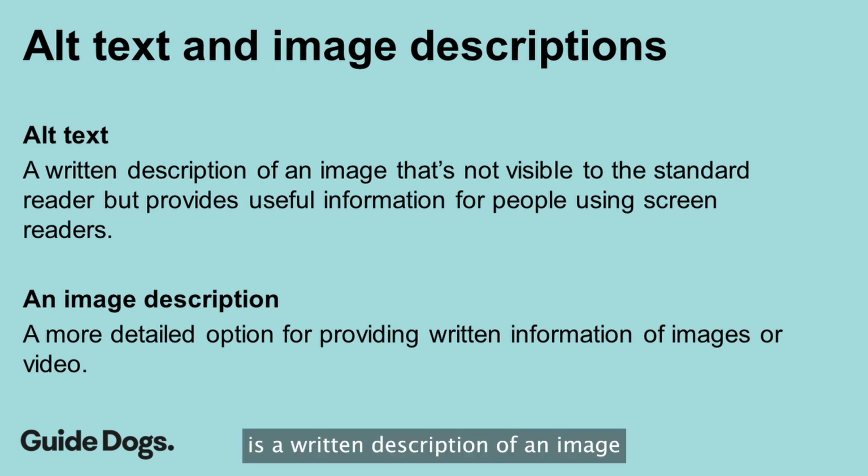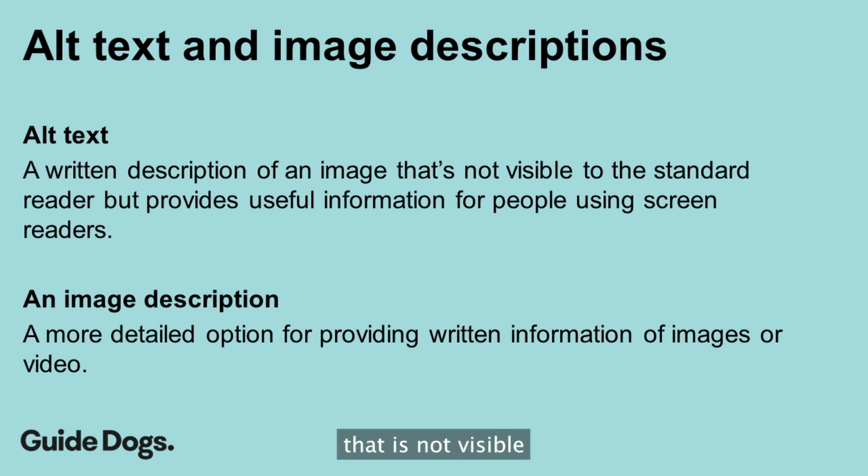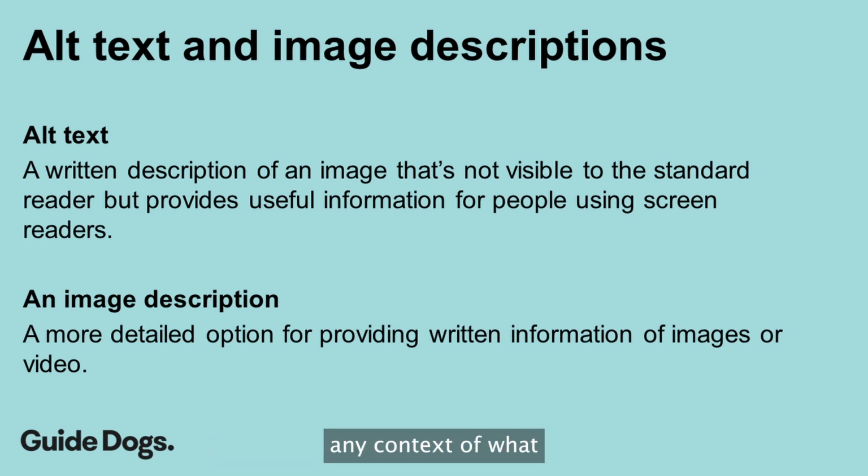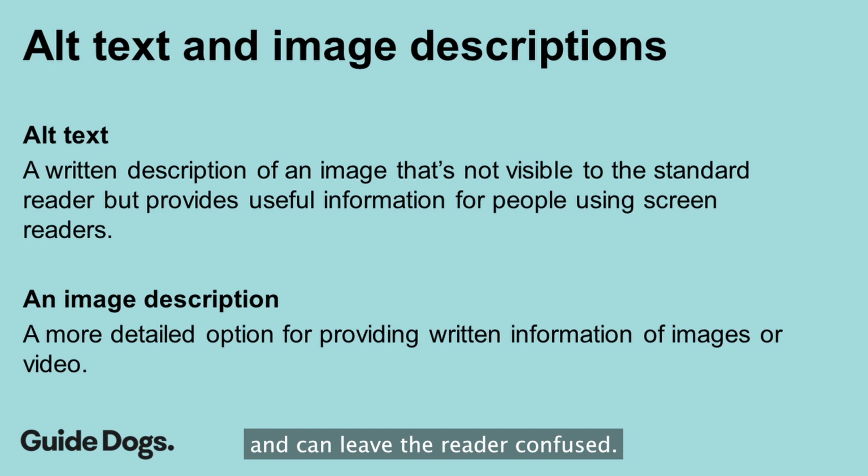Alt text and image descriptions. Alt text is a written description of an image that's not visible to the standard reader, but provides useful information for people using screen readers. If you have a picture that doesn't have alt text, a screen reader will announce it simply as image, which doesn't provide any context of what the image is and can leave the reader confused.